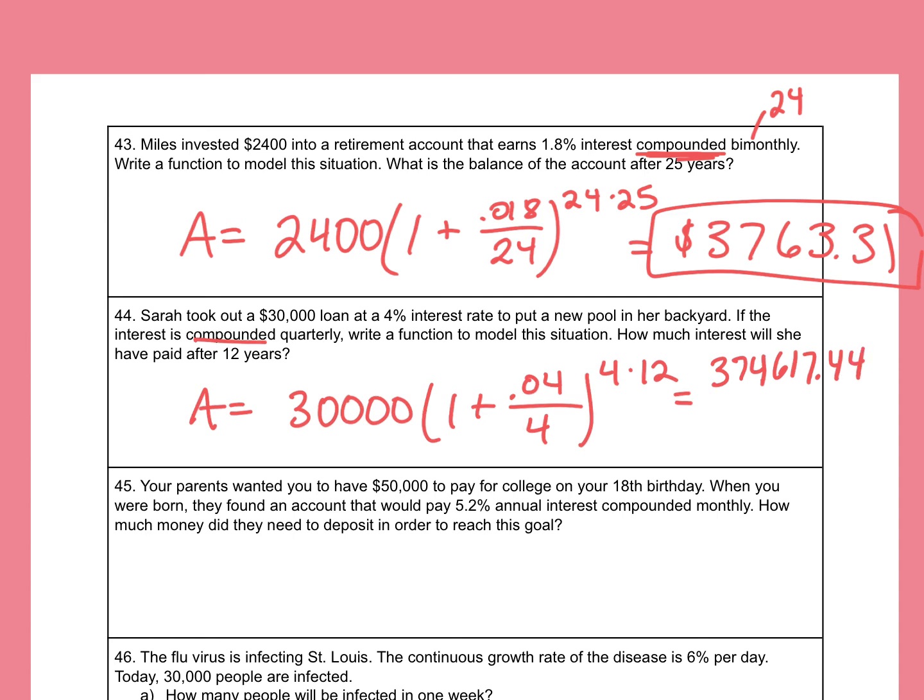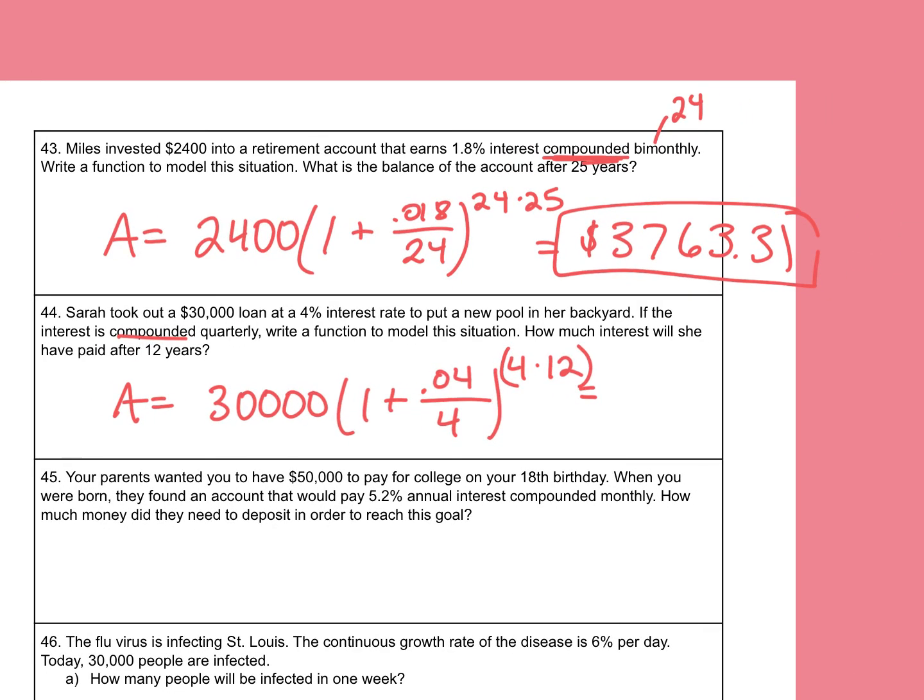And I typed that wrong in my calculator, so make sure you don't do what I just did. When you type in that caret and this exponent, you've got to put that in parentheses, okay? So instead, what I should have gotten, and what I got when I typed it in this time, was $48,366.78. That makes a lot more sense, okay?